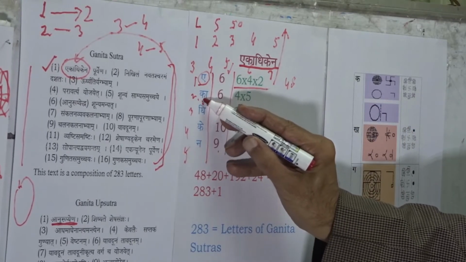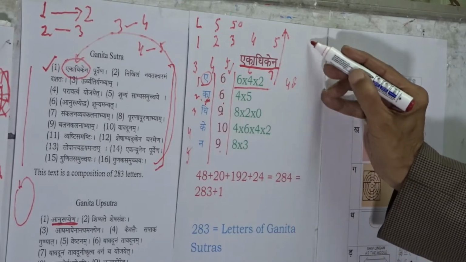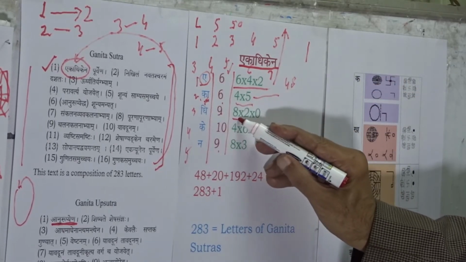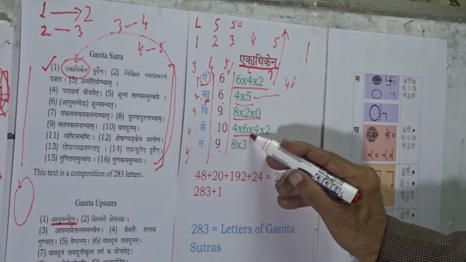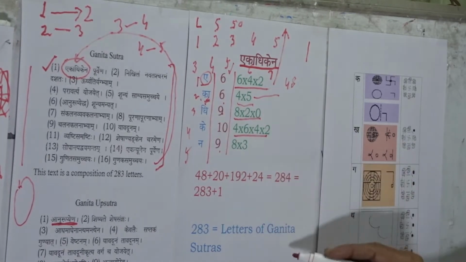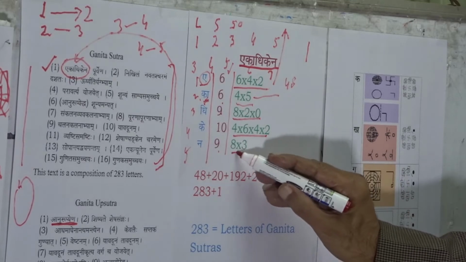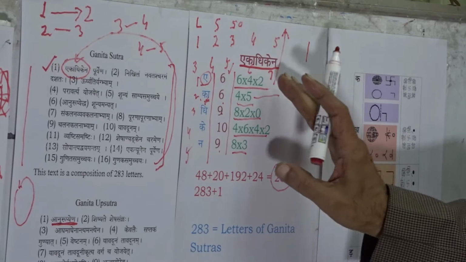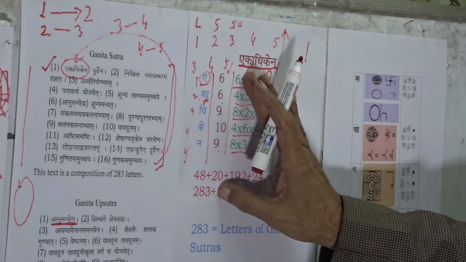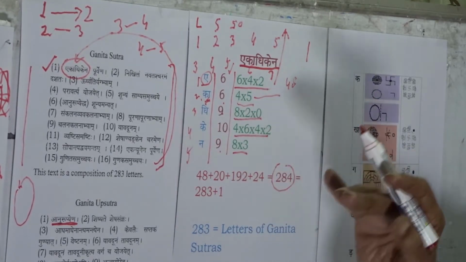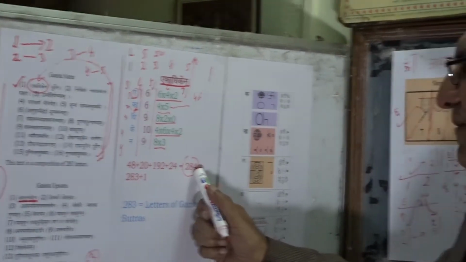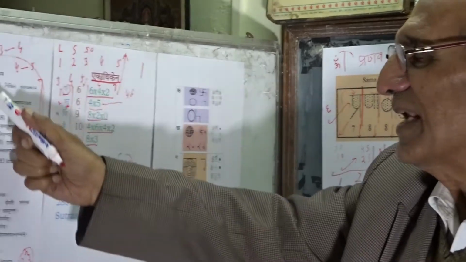We know it will give us value 5, meaning 20, then it is going to be 0, then 192, then 24, and the total value comes to 284. So the formulation Ekadhikena itself is leading to a transformation of value 284, that is 1 more than these letters.